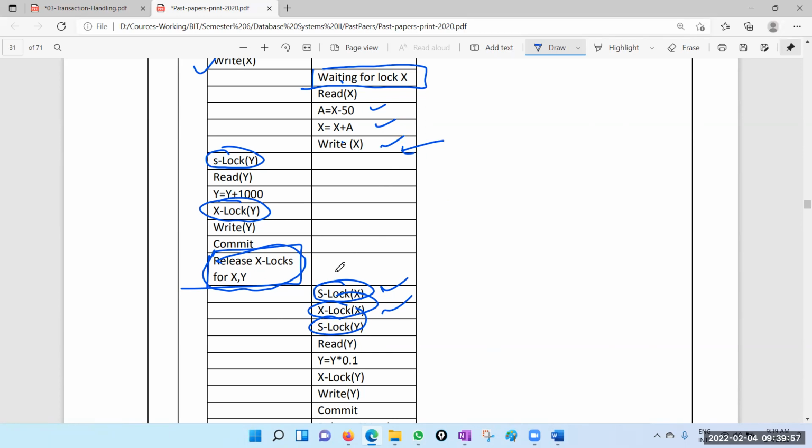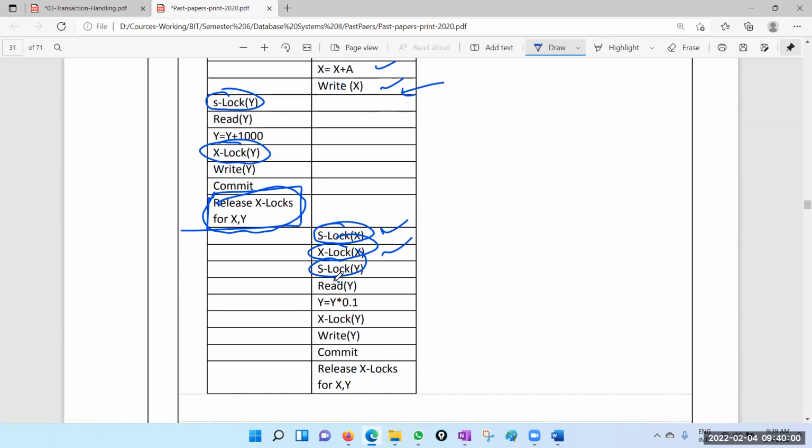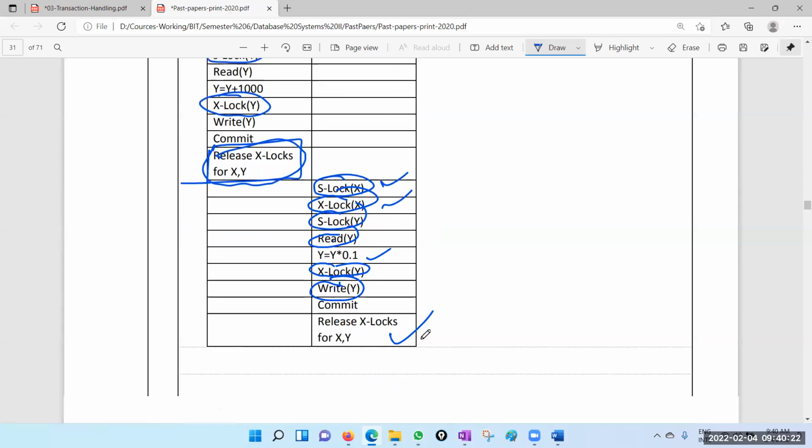Now it is acquiring the read lock, because only now it wants to do this. Then it acquires the write lock. Here the read lock and write lock are mentioned separately. Then you do it. Now you are releasing all the locks: the read and write locks of the X resource and the read and write locks of the Y resource. Okay, so that is not at all a difficult question. It's a very easy question, right?